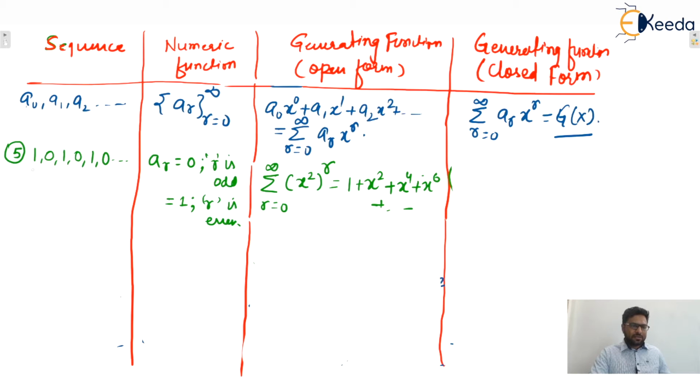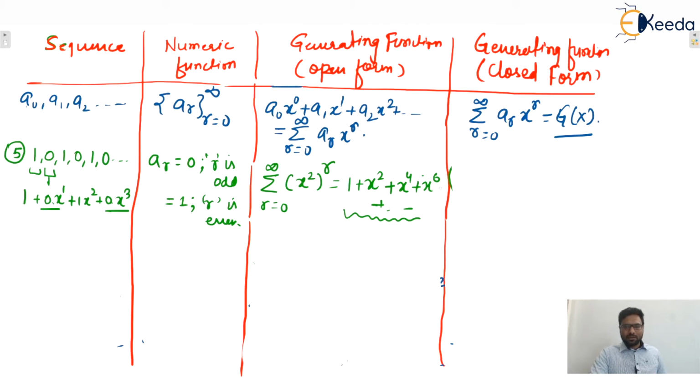When we multiply the first term with x power 0, it is 1. When 0 is multiplied with anything, it becomes 0. So 0 is multiplied with x power 1, then 1 is multiplied with x power 2, then 0 is multiplied with x power 3. So these odd powers will be eliminated, since they are multiplied with 0. These terms vanish.